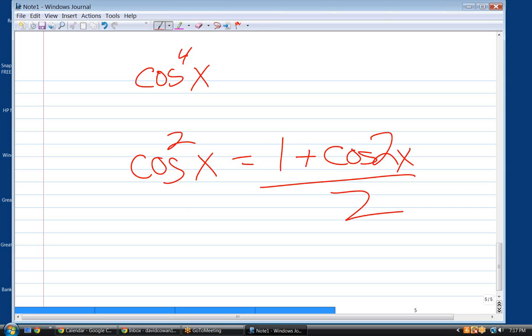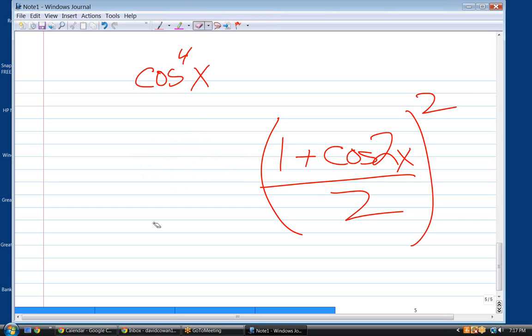So, since cosine squared is, or cosine to the 4th is cosine squared times cosine squared, then that's equal to cosine to the 4th. How far down does he want you to reduce it? It says rewrite the expression in terms of the first power of the cosine.